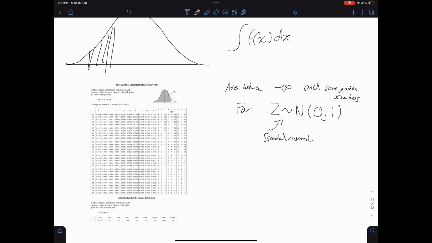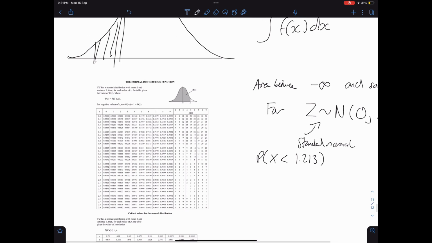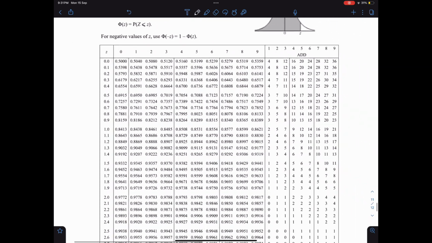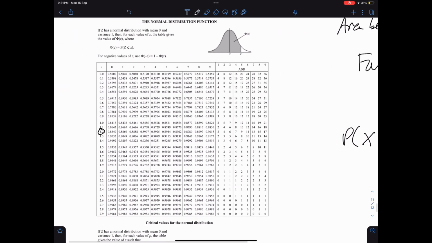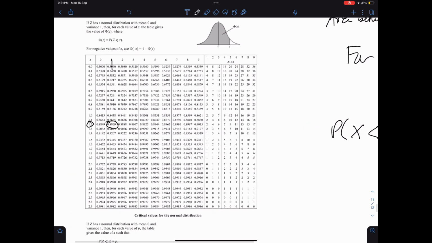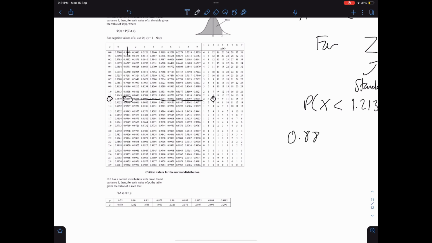So for example, for the standard normal distribution, if we wanted to know the probability that X is less than 1.213, we go to this table. We start with 1.2, and then for the 3, we go all the way along, 1, 2, 3, so then we get 0.8869, and then add the 6 on the end.